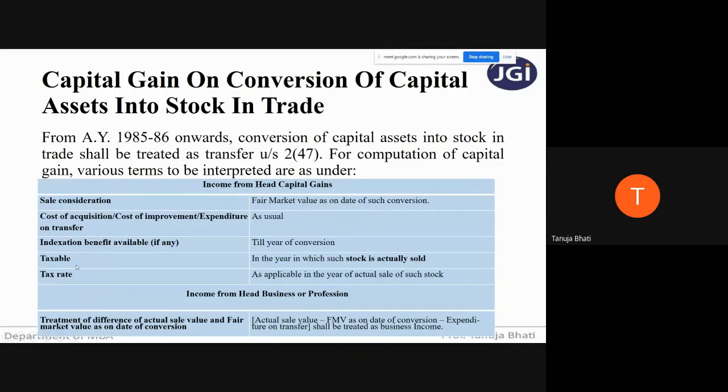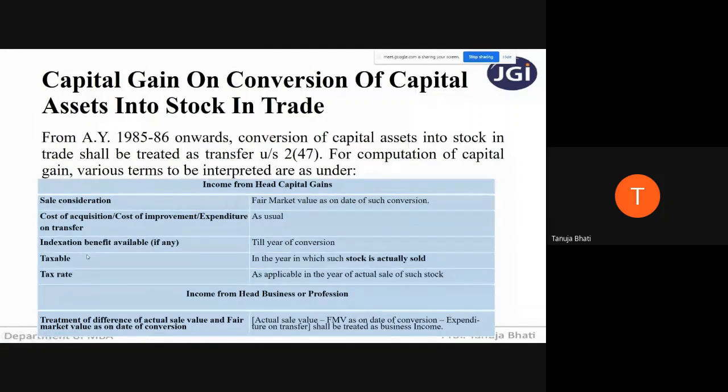It is taxable. Now, which year is it taxable? In the year in which the stock is actually sold. Students, you may convert in the year 2016, but the stock may be sold in 2020. So capital gain will arise in 2016, but it will be charged to tax in the year 2020 because that is the year when the stock is sold.